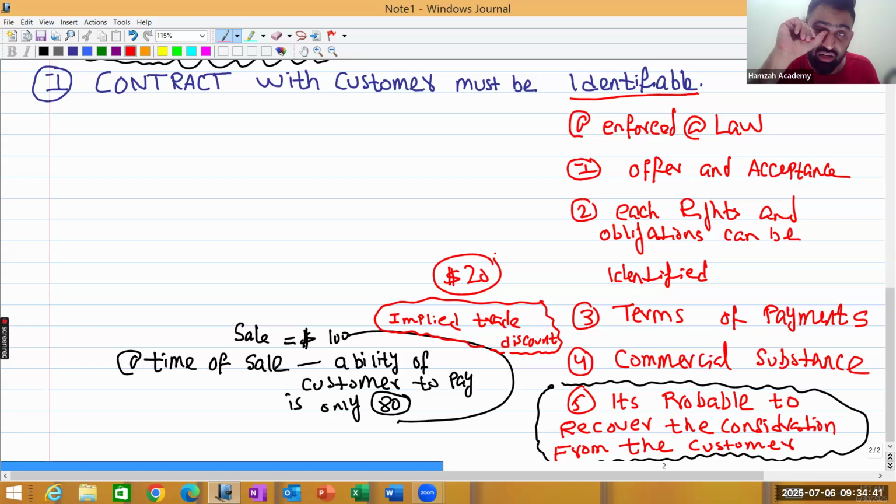So if you know that your customer can pay $80, the reason could be the financial difficulty of the customer or an economic downturn, but you know that it is probable that $20 would not be received, then according to IFRS 15, the $20 is the implied trade discount, the implied concession. So the revenue should be recorded at 80. The entity cannot record the revenue of $100 and then record the bad debt of 20. That would be the wrong treatment.